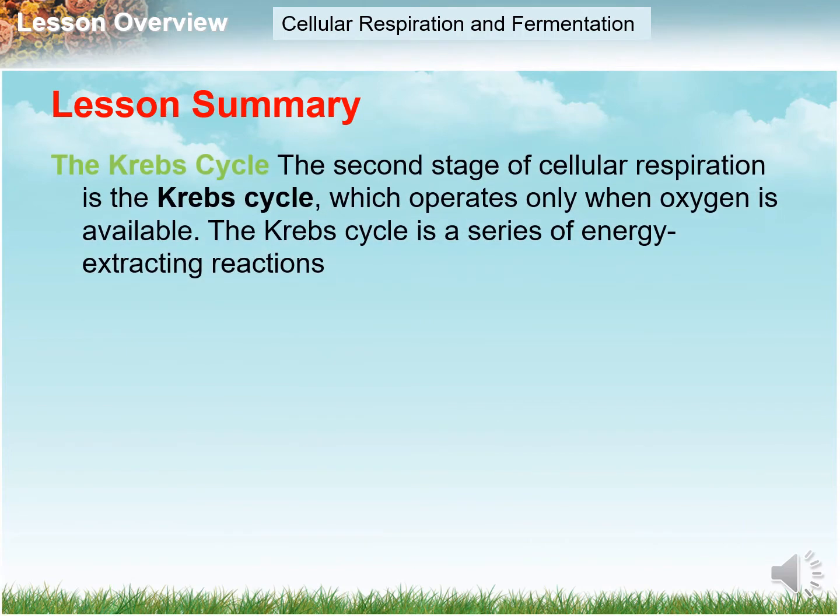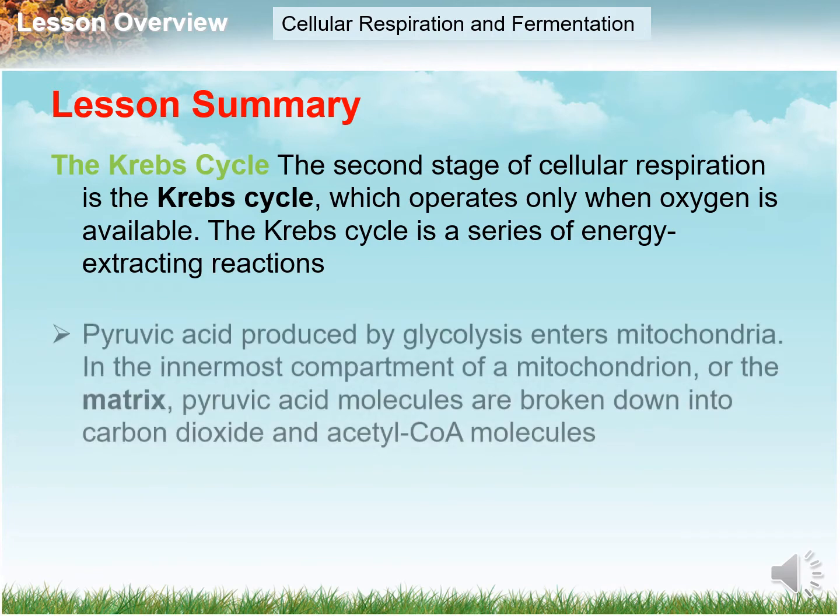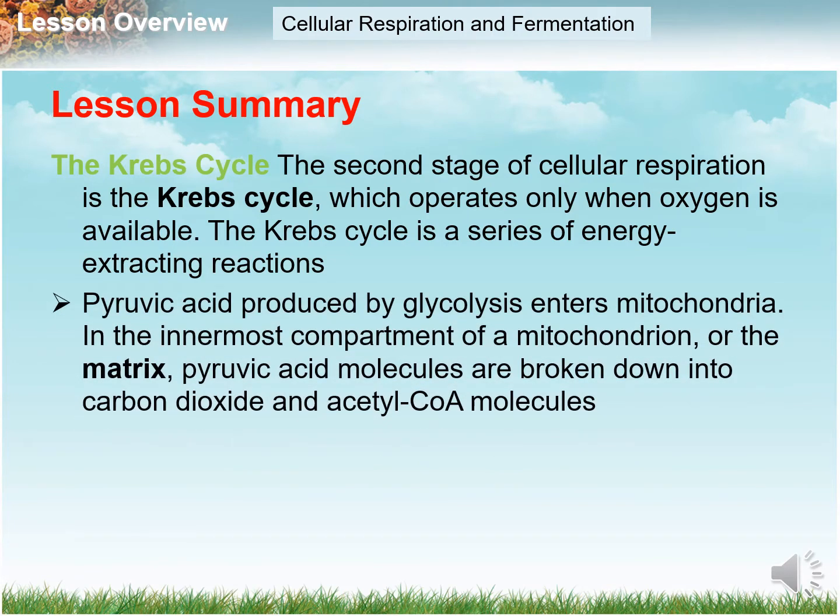The second stage of cellular respiration is the Krebs cycle, which operates only when oxygen is available. The Krebs cycle is a series of energy-extracting reactions. Pyruvic acid produced by glycolysis enters the mitochondria.